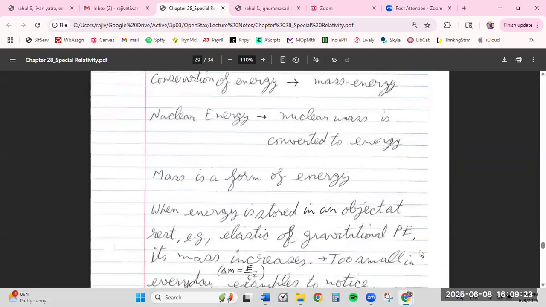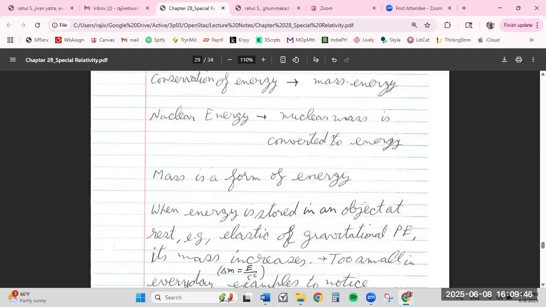One example of how mass can be converted into energy and vice versa comes from the field of nuclear energy. So nuclear energy is created through reactions that take place inside the nucleus of an atom, nuclear reactions.